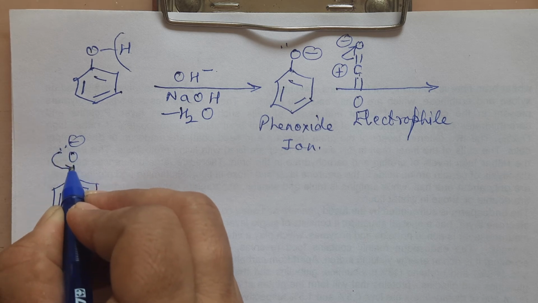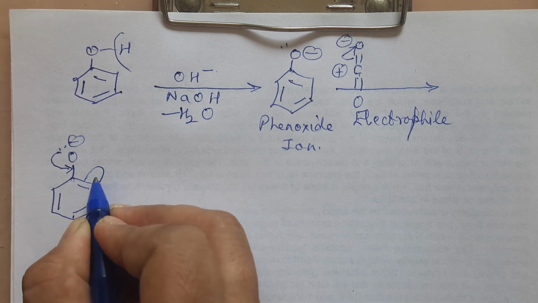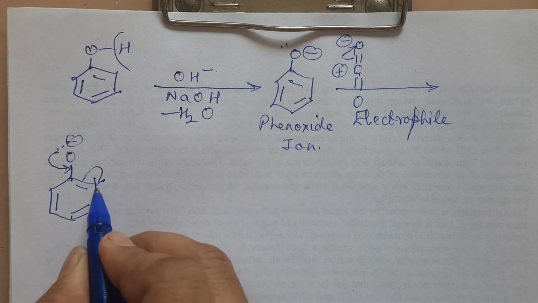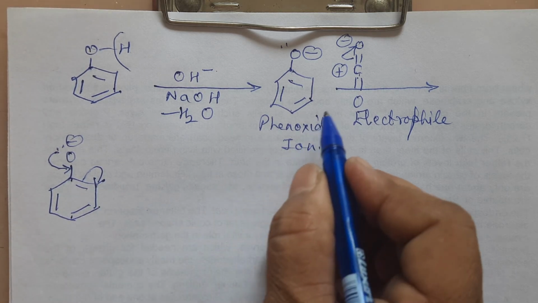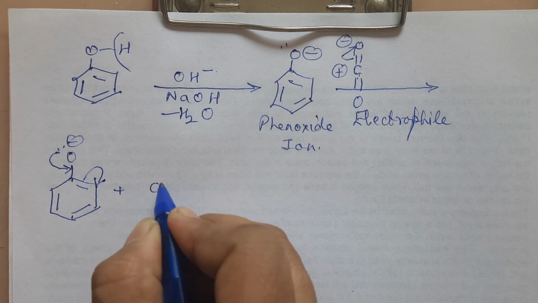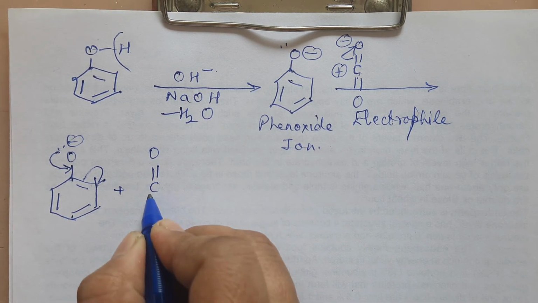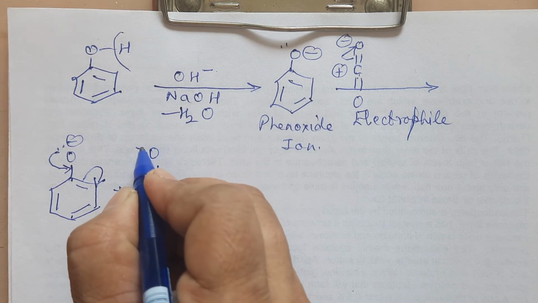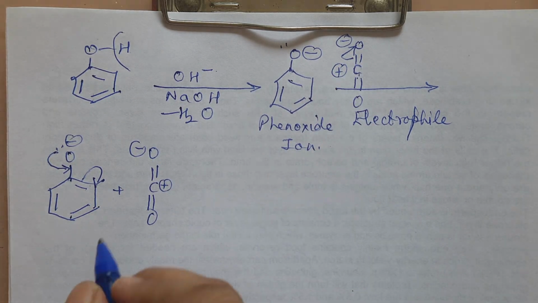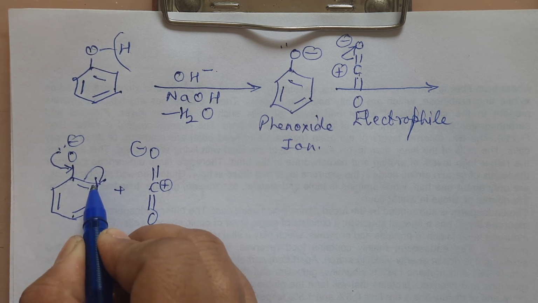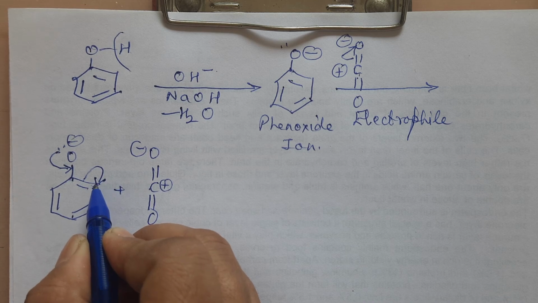This starts migrating here, and this goes here, because this carbon will now have 5 bonds. When this gets a negative charge, this carbon dioxide will attack the species. Carbon dioxide now has a positive charge here and a negative charge here, as we have explained. So this carbon will attack this particular carbon atom in the ring.